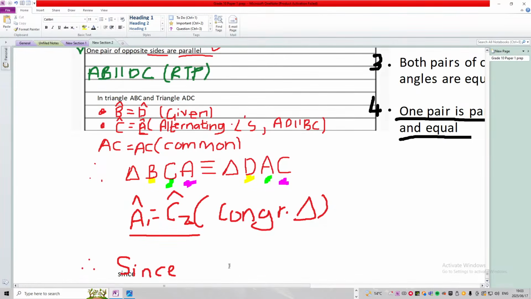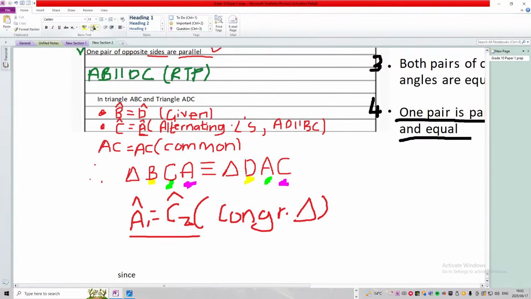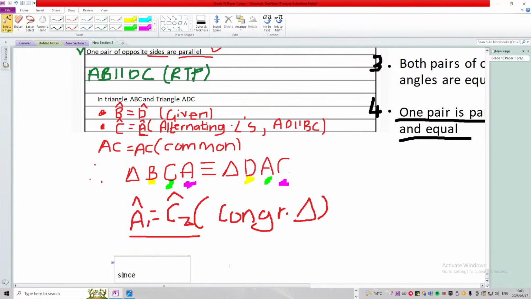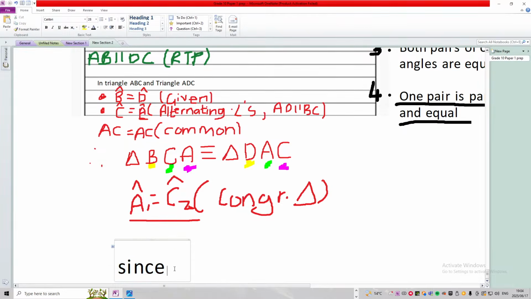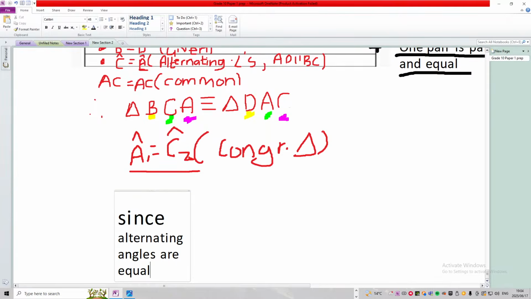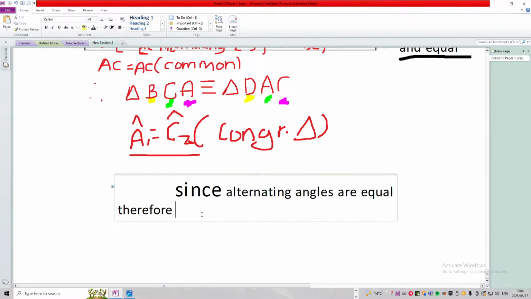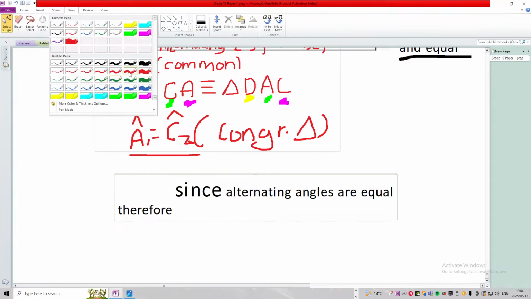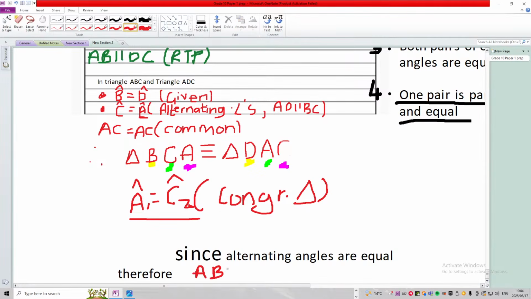Okay, here we are. So now we conclude: since alternating angles are equal, therefore we can say that AB is parallel to DC.